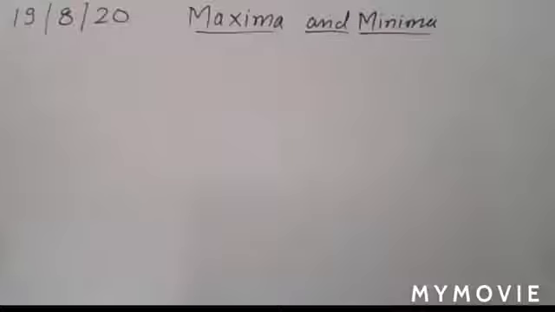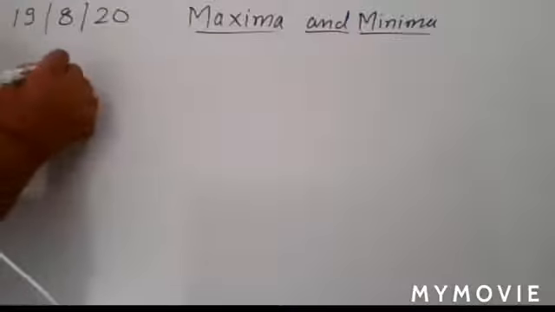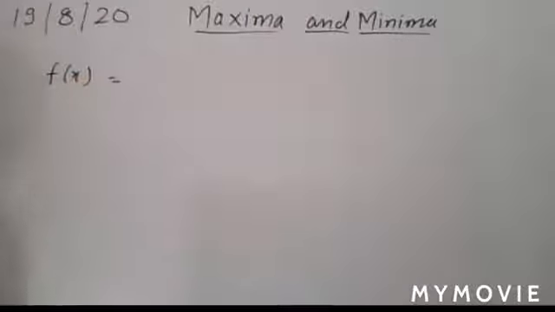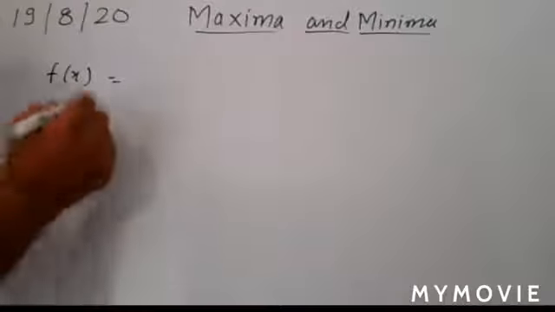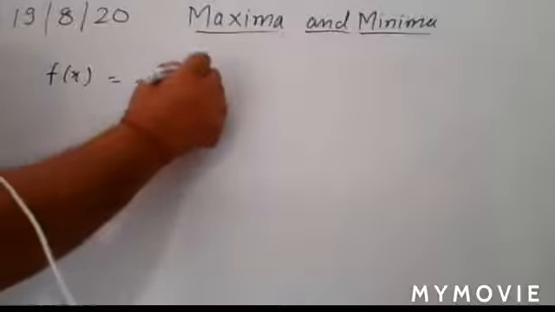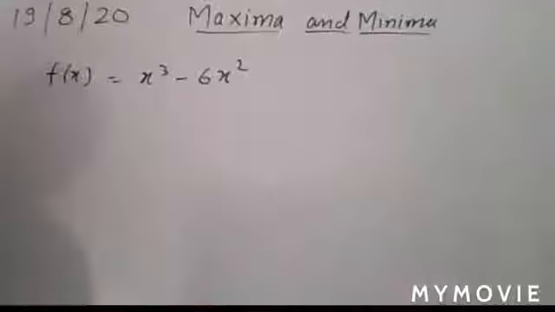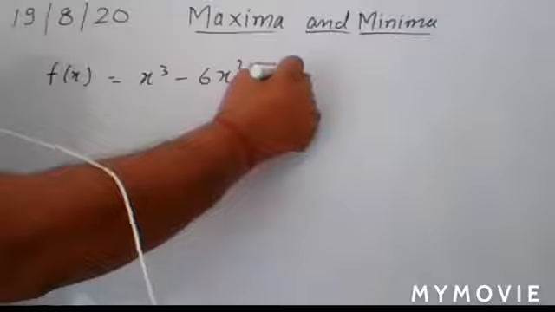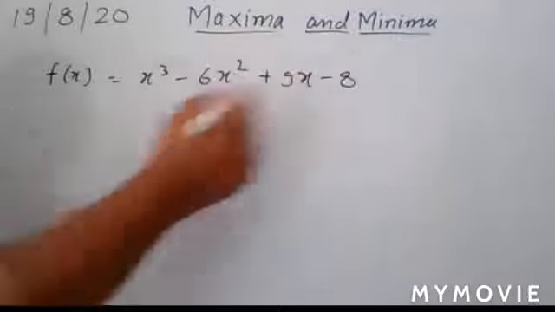Okay, so write the first question. Find all the points of local maxima and local minima of the function f(x) is equal to x cube minus 6x square plus 9x minus 8.